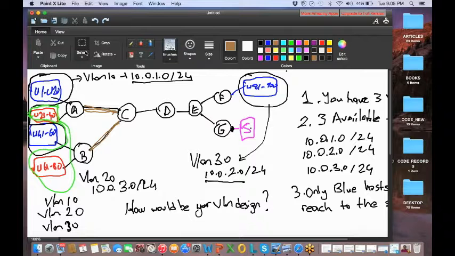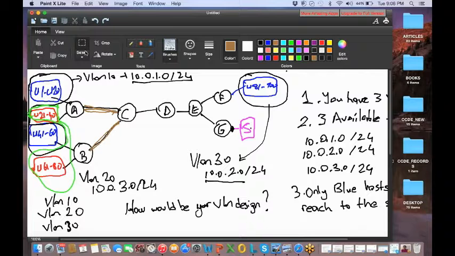I don't need to deal with the host-level filter list like in the first option. As you've seen, there the users connected to switch A were in the same user group, but since red users were also there, I had to identify which are the blue users in that VLAN 10 connected to switch A, and then put my filter on the target based on the individual host, not the subnet level.